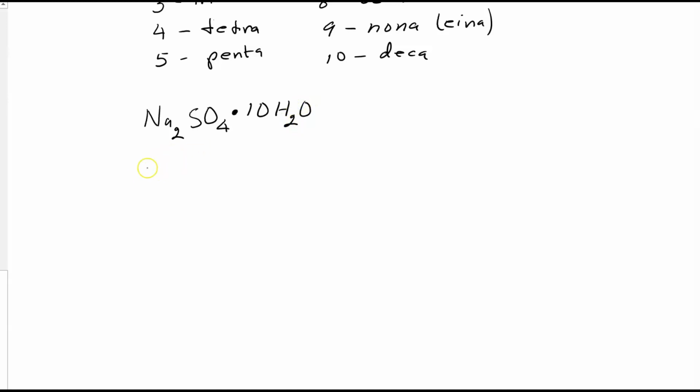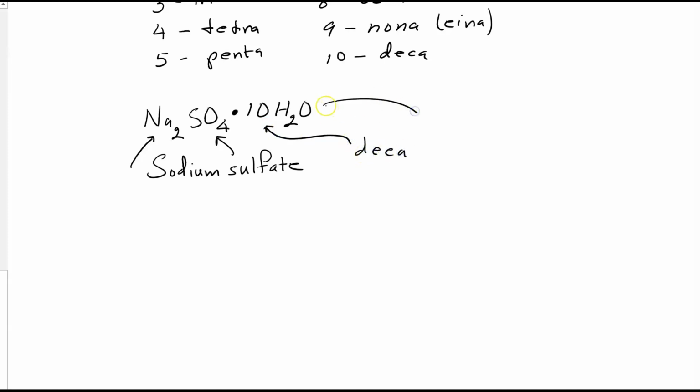So this would be named as sodium sulfate, and this is deca for ten, and this is hydrate. So altogether we'd have sodium sulfate decahydrate as an example of a hydrated ionic compound.